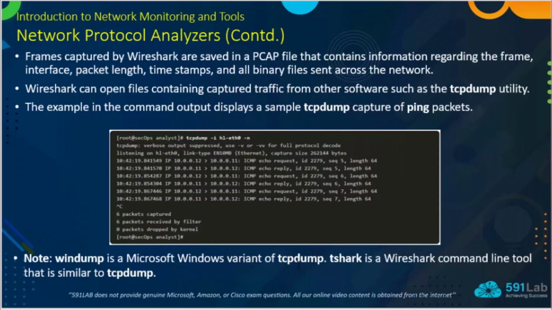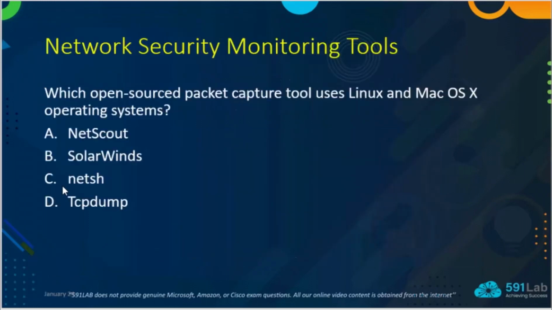Instead, we have WinDump. And TShark is a Wireshark command line tool that is similar to tcpdump. Now let's go back to our question: which open source packet capture tool is used on Linux and Mac OS?